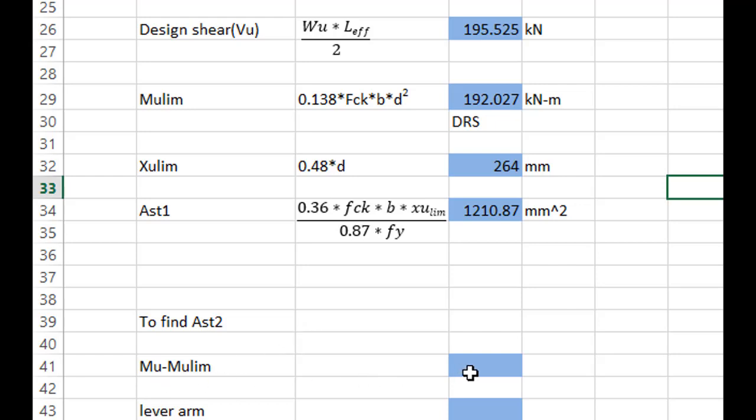So for that, what we have to do is we have to calculate Mu minus Mu lim. So basically it's a straightforward thing. So Mu is here minus Mu lim. So the value is 101 kilonewton meter.